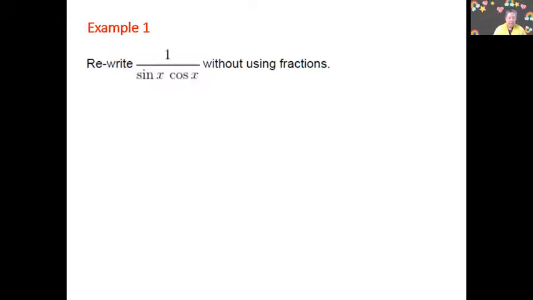But before we move on to this, I want to emphasize that verifying is not solving an equation. The big difference is that when you solve an equation, you can manipulate both sides, you can manipulate one side, you can manipulate all around the given equation.